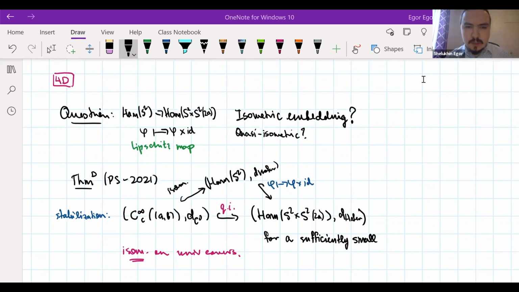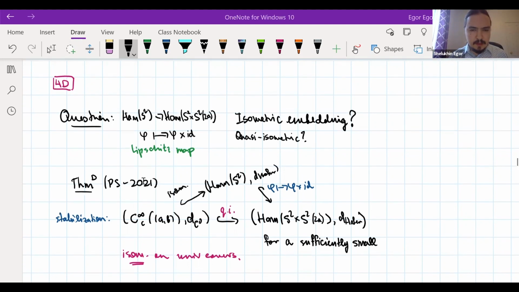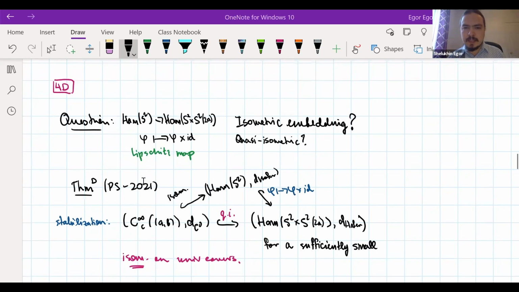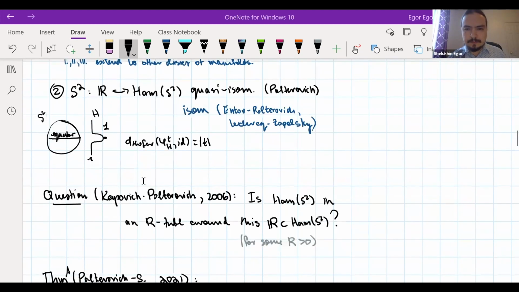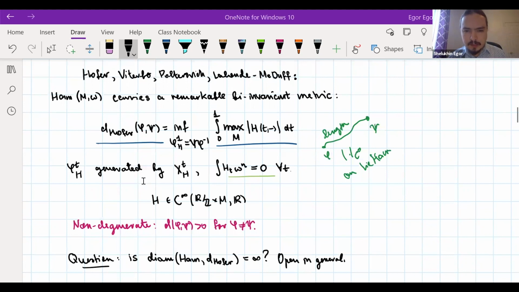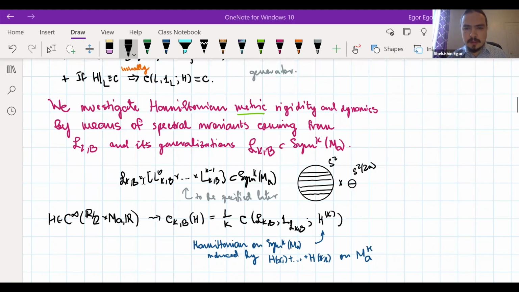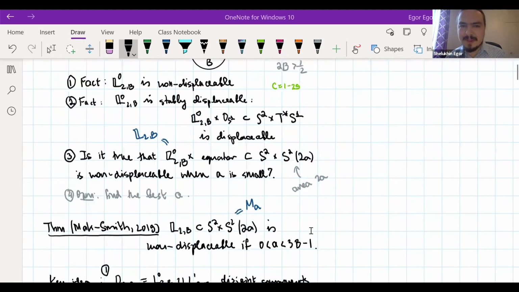So this asks how large is A with respect to the area of S2? A is really pretty small. One has to quantify it carefully, but it is very small. Somewhere here I had this condition that A is less than 3B minus 1.